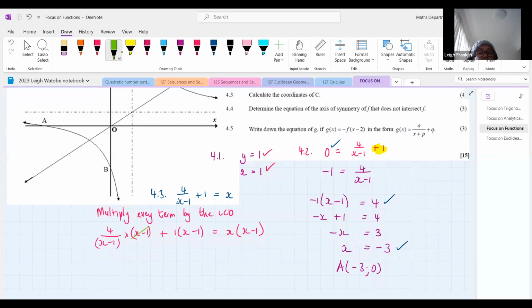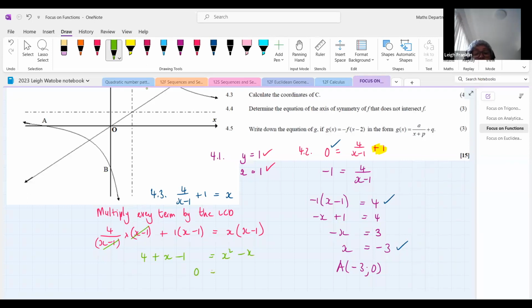Okay, so here that will cancel, and I'm just left with the 4. Plus 1 times x is x, and 1 times negative 1 is negative 1. x times x is x squared minus x.